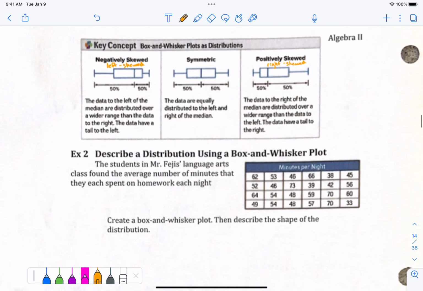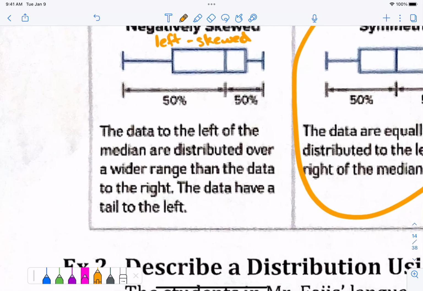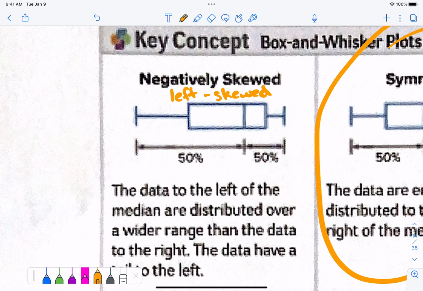Let's jump right in. This top box right here tells you about the distribution. So we have symmetric, and then these two don't make sense at all. This is like yesterday, where if you have the majority of your data on the right side, it's technically negatively skewed or left skewed. That makes absolutely no sense to me, but that's the way that it works.